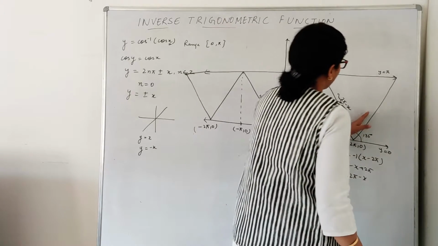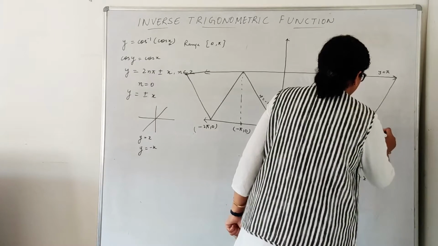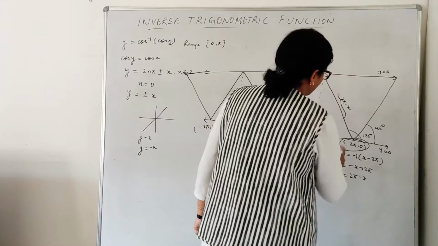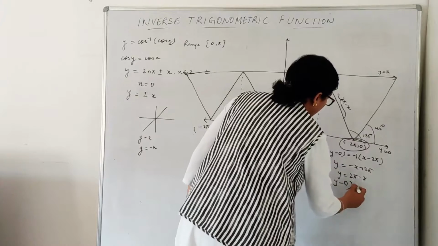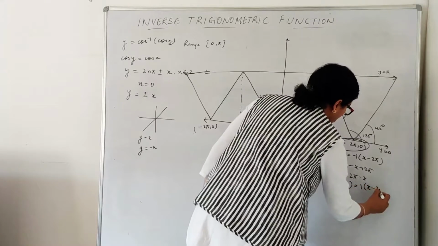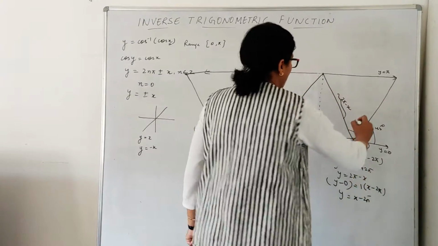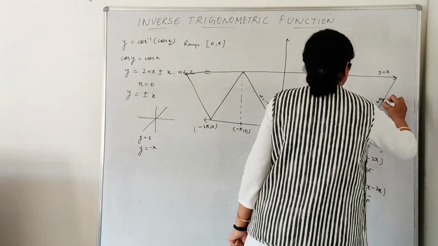If I want to find the equation of this line, what angle is it making? 45 degree, passing through the same point, right? So what will be the equation? y minus 0 is equal to 1 times x minus 2 pi. It means y is equal to x minus 2 pi.